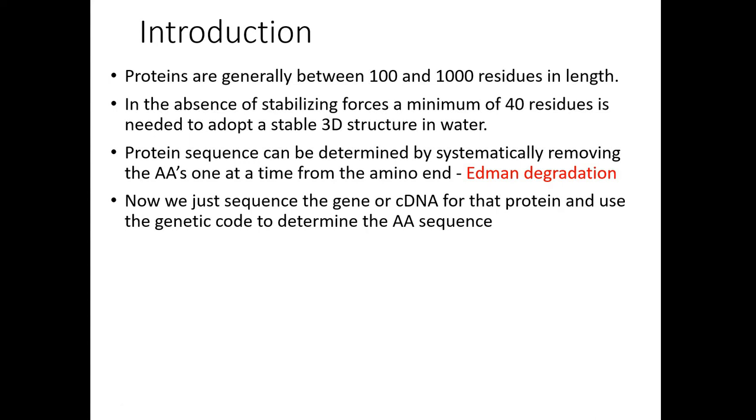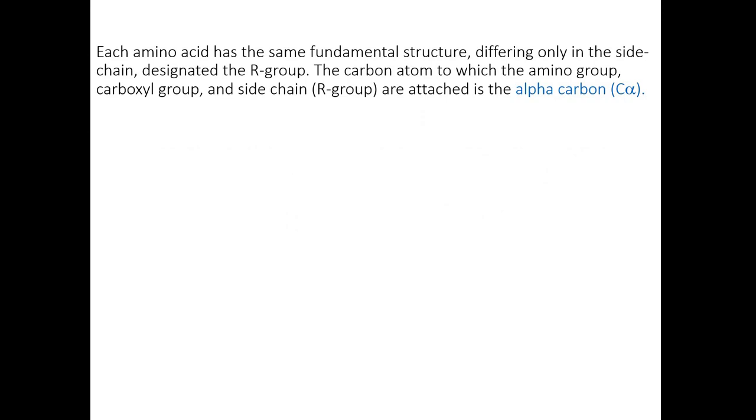Protein sequence is important because it is encoded by the genes, and the genetic code plays an important role in that. The relationship between the gene and the amino acid is known as the genetic code. Each amino acid has the same fundamental structure, differing only in the side chain, designated the R group. The carbon atom to which the amino acid carboxyl group and side chain are attached is the alpha carbon.